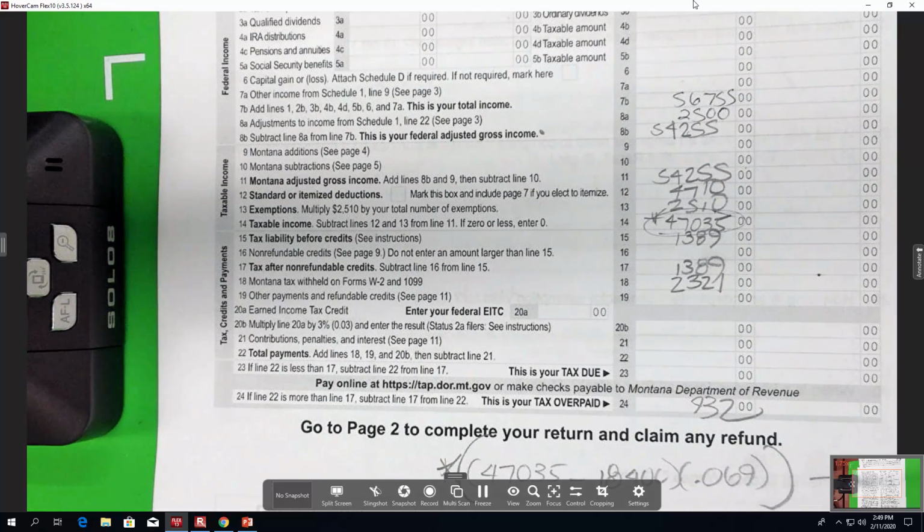So there are some adjustments, and this isn't a tax class, so we're not going to go into it. And then you come to a number called AGI, adjusted gross income. Then from that we subtract the greater of standard or itemized. And that takes you to your taxable income.